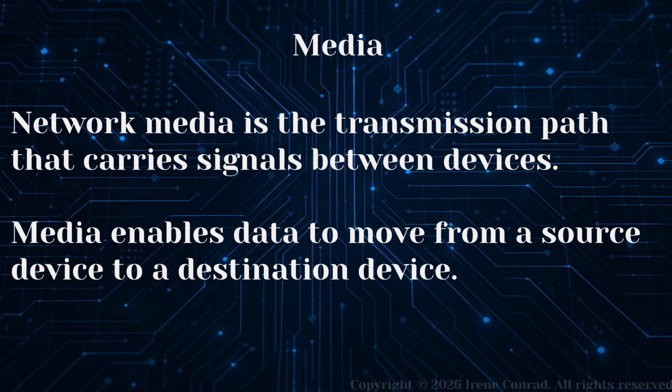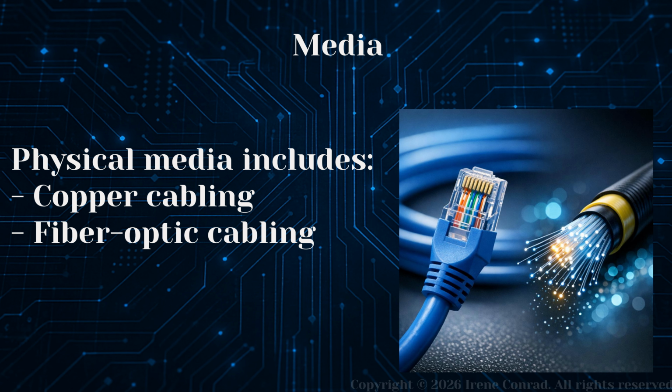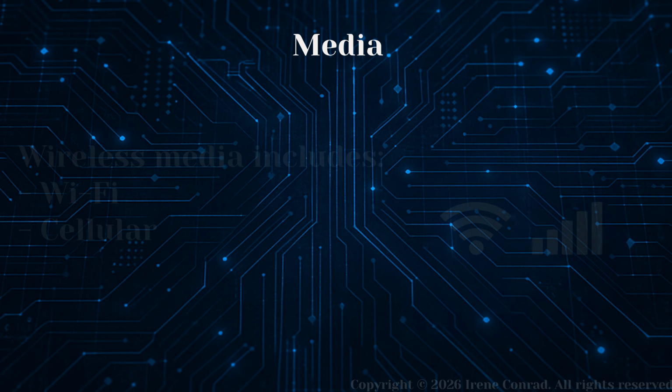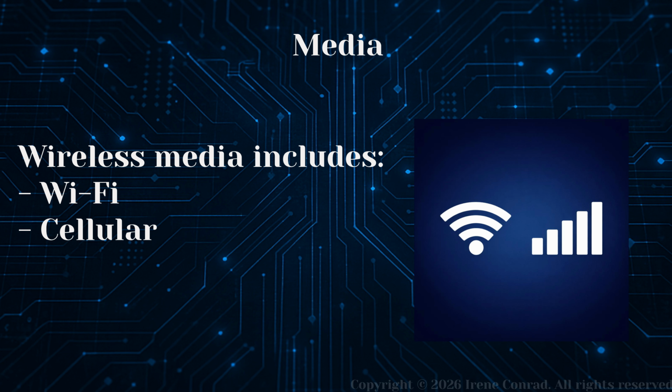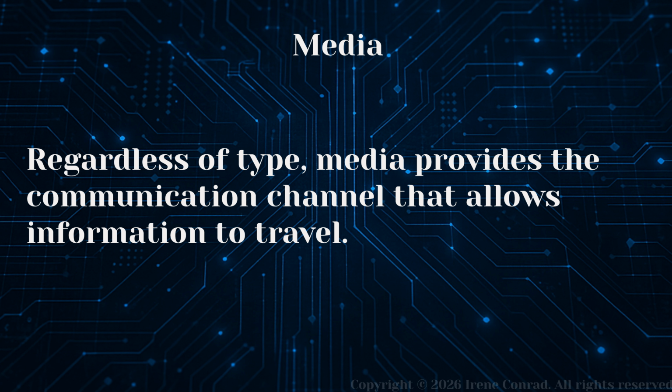Next, we have media. Media is just the path that carries the signal from one device to another. Sometimes that path is physical, like copper cabling or fiber. Sometimes it's wireless, like Wi-Fi or cellular. No matter what form it takes, media is what allows information to travel.